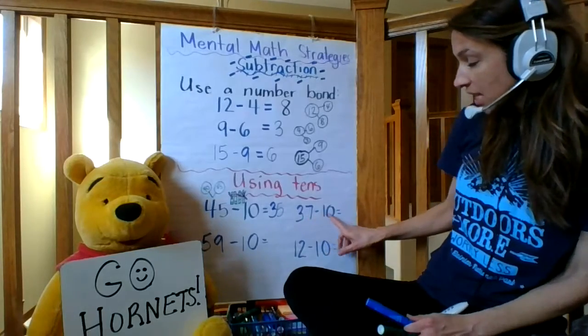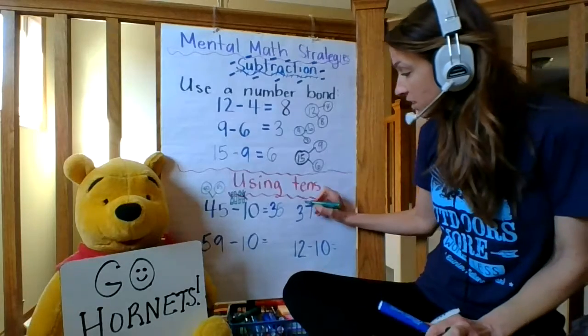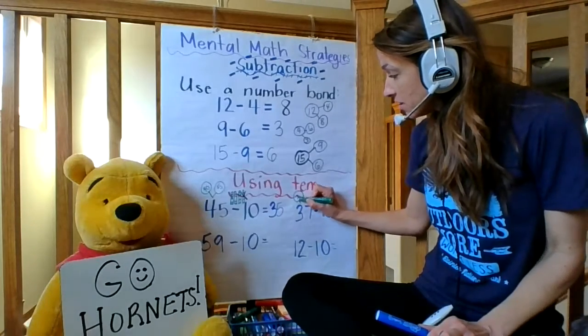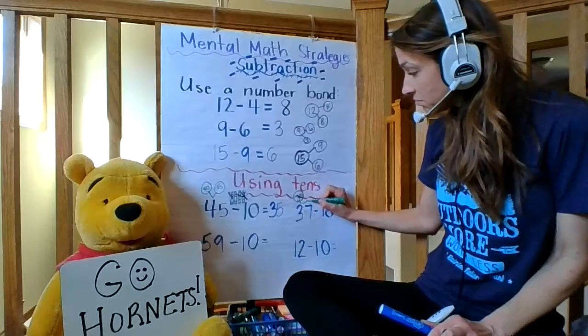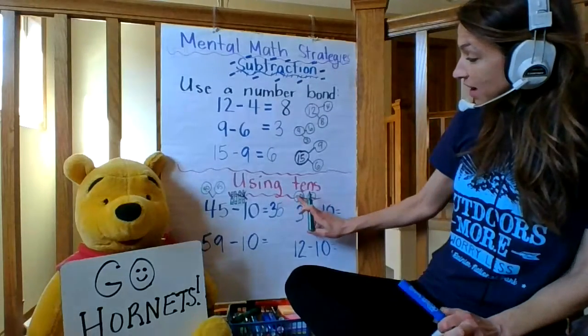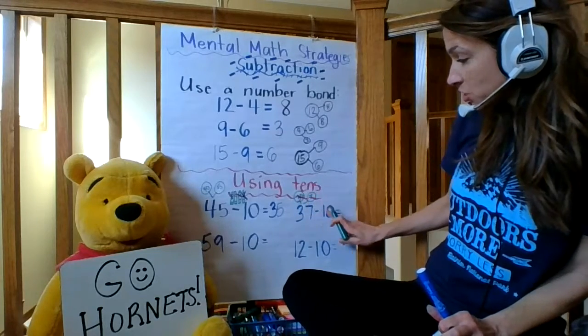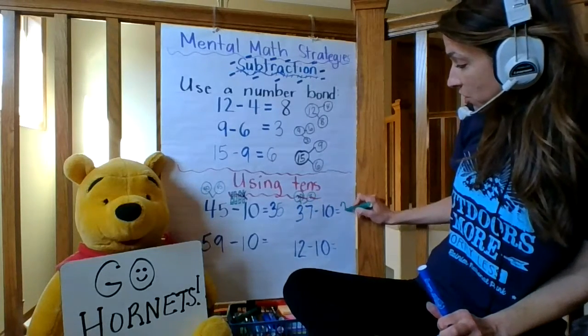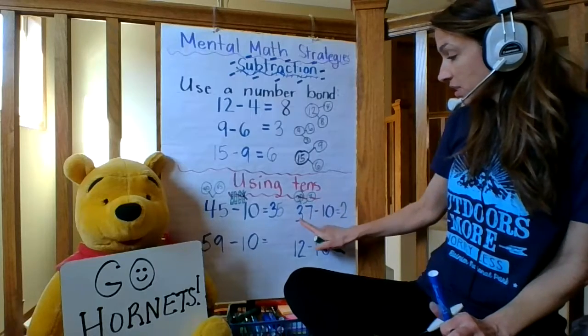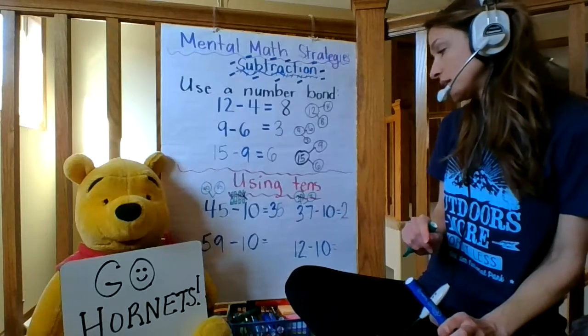37 minus 10 equals. Well, again, I know that 37 is 30 and 7. Boy, number bonds sure help us a lot, don't they? And if I have 30 take away 10, or 3 tens and 1 ten, I'm left with 2 tens. 3 tens take away 1 ten equals 2 tens, so 20.